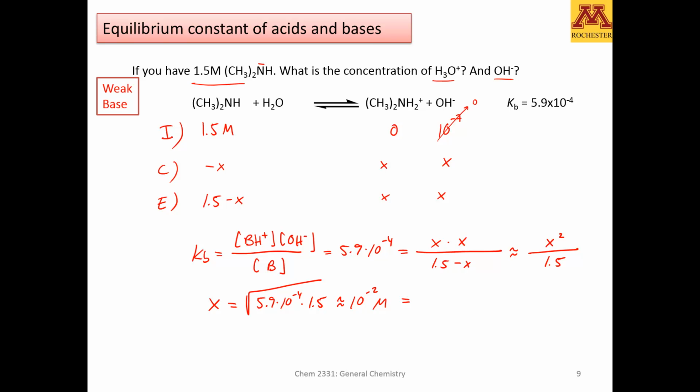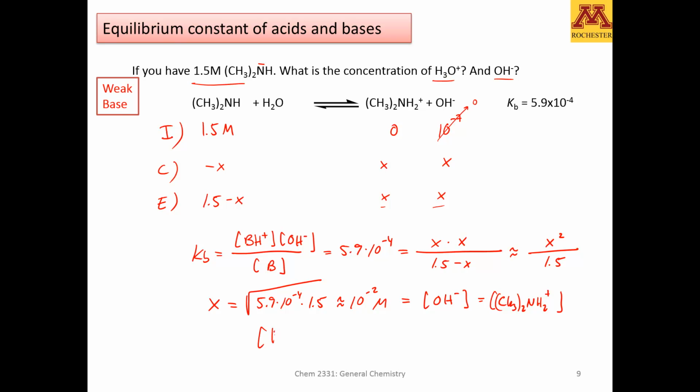Please substitute this into a calculator and get the real numbers, but the order of magnitude is going to be around 10 to the negative 2. This is the concentration of OH negative, equal to the concentration of the conjugate acid. So this is the concentration that I will have in solution.